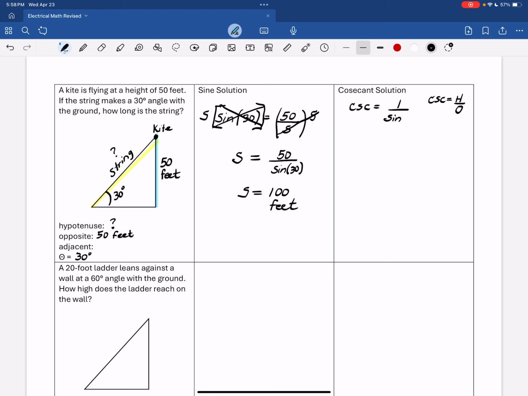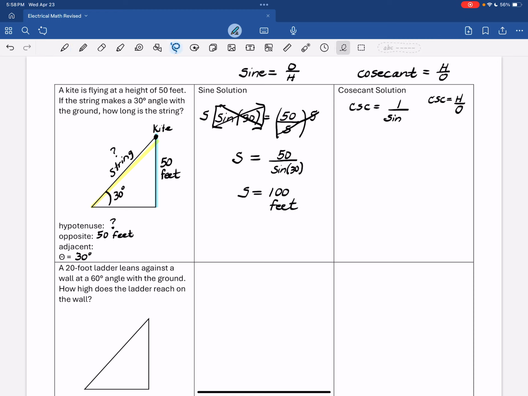Remember, sine is opposite over hypotenuse. Let me just write that up here. Sine equals O over H. So cosecant, which is the reciprocal of sine, would be the reciprocal of that, or H over O.